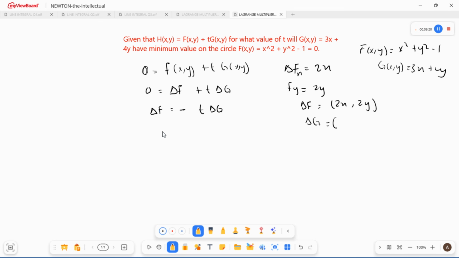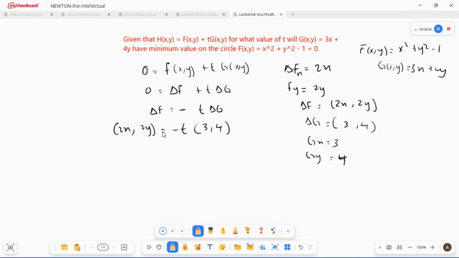So our dg now is going to be 3 comma 4. How did we come about that? When we take g of x is equal to 3 and g of y is equal to 4, right? When we take the derivatives with respect to x and y, we get 3 and 4 respectively. So we have dg is 3 comma 4. So now we're going to rewrite this. So we're going to have 2x comma 2y is equal to minus t, then we have 3 comma 4.